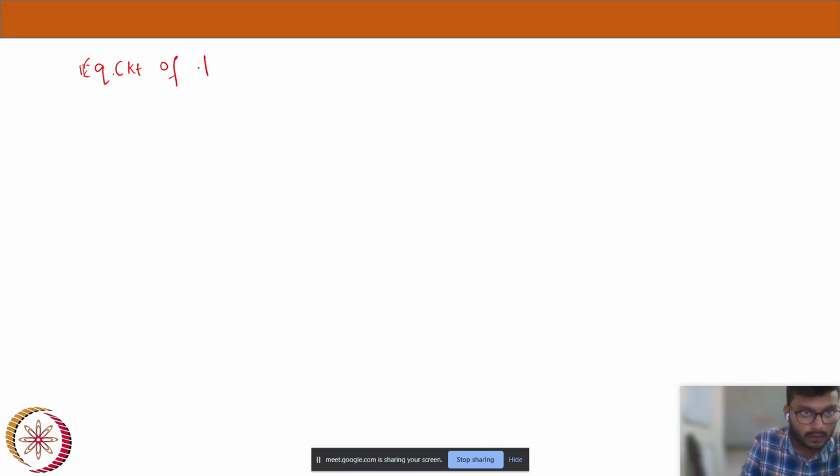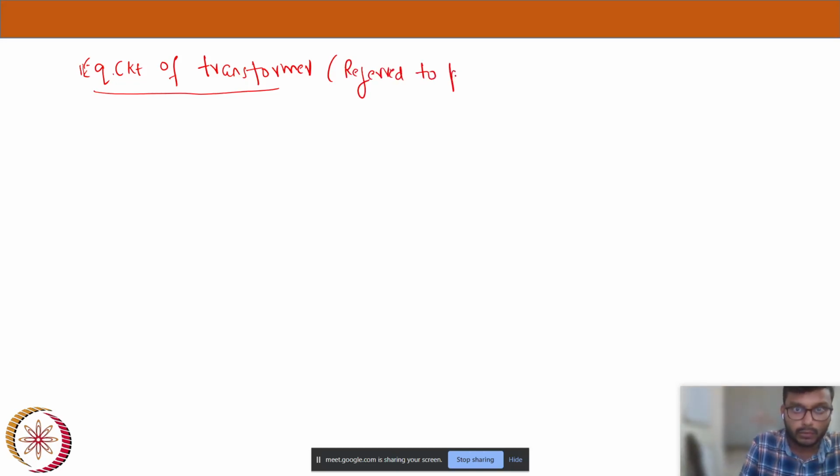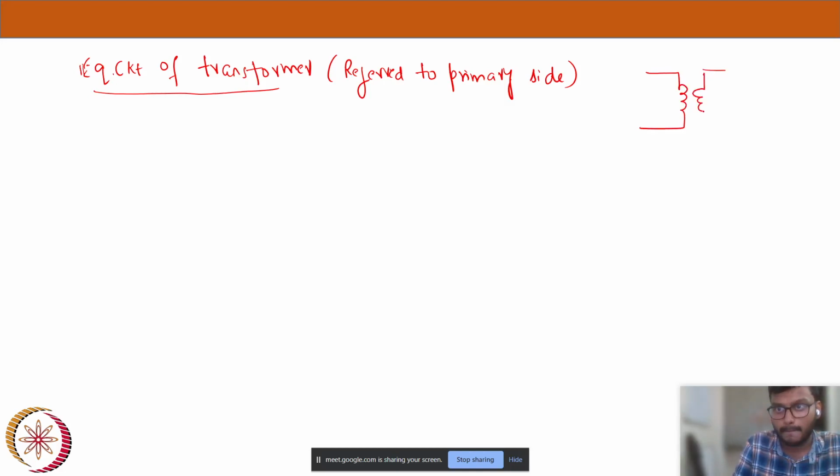Circuit of transformer referred to primary side. Yeah. So usually I'm just drawing here primary, secondary.